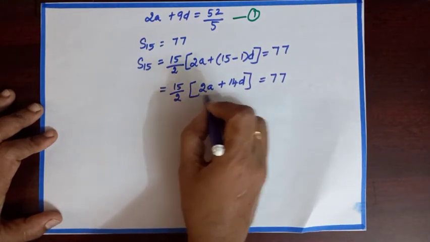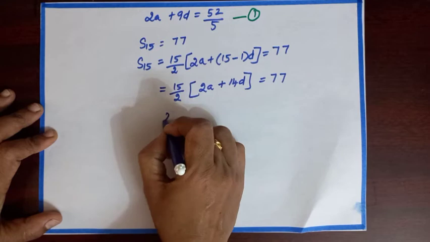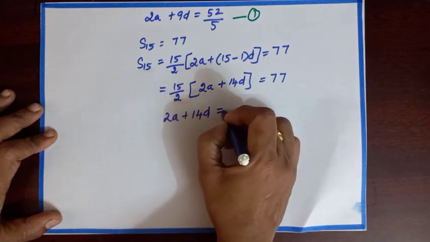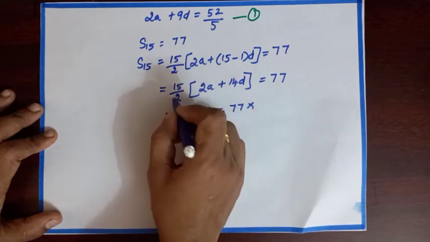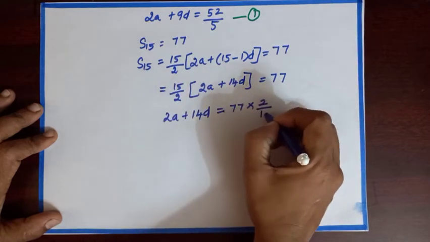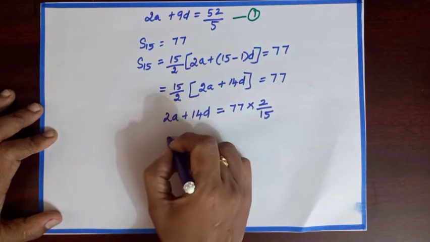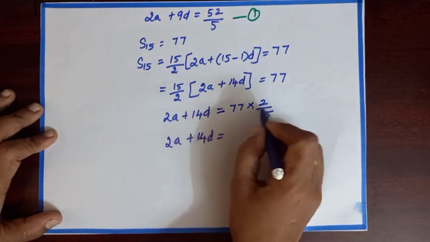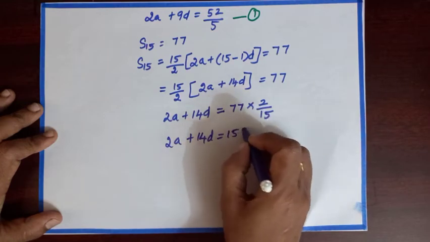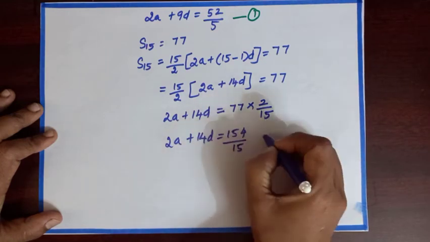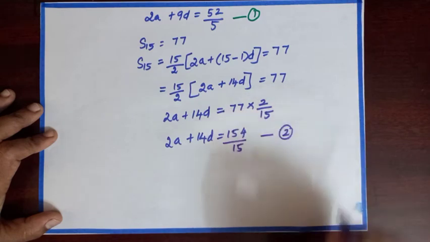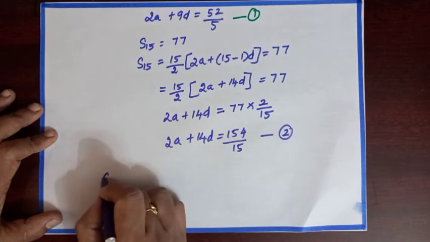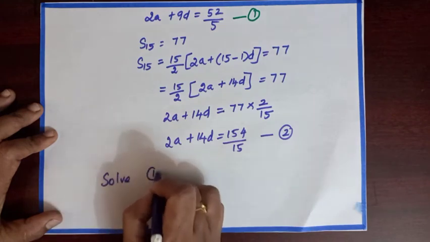Then 2a plus 14d is equal to 77 into 2 by 15, which is 154 by 15. Consider this as the second equation. Next we need to solve 1 and 2.